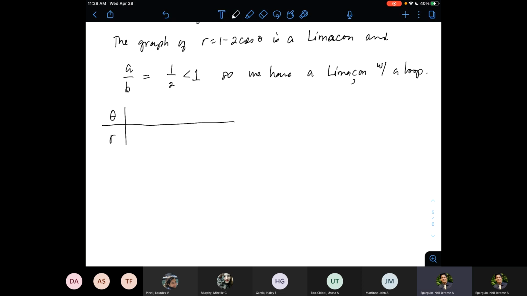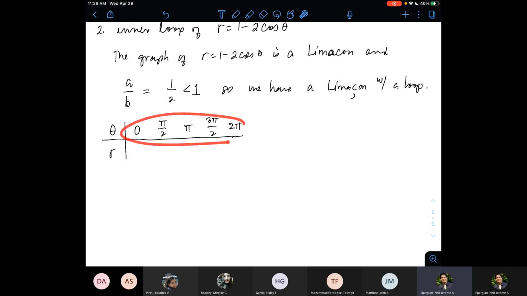Okay, and what we will use would be the quadrantal values for theta, or the quadrantal angles. So you start at 0, then pi over 2, pi, 3 pi over 2, and 2 pi, right? These are the only angular values that you will need. And then plug these values into the equation of the limaçon, right?